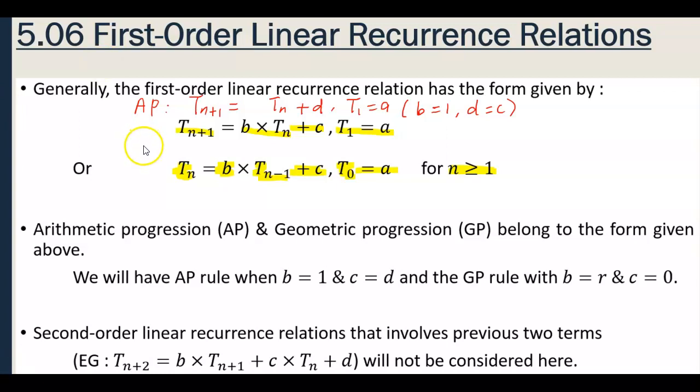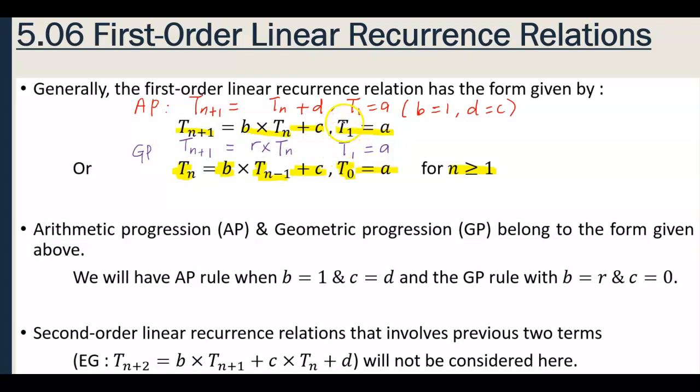Now let's look at the geometric progression, and the difference equation or recurrence relation for it. Again, I'm going to use the first equation here: Tn+1 equals r times Tn, with T1 being a.